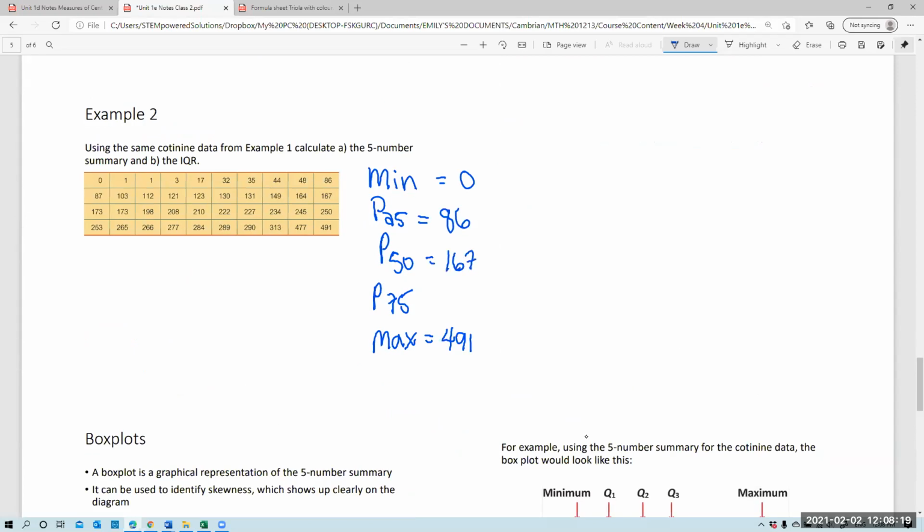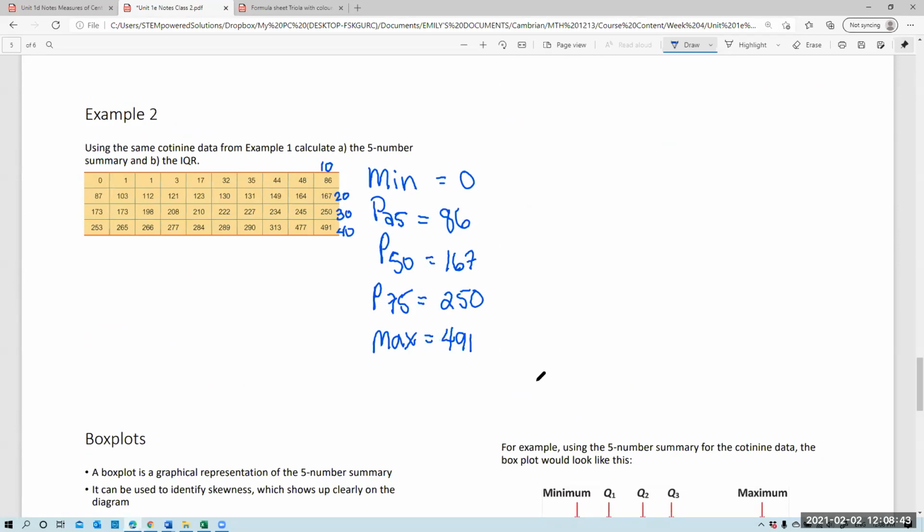The way I'm looking at this is 10, 20, 30, 40. The data that represents the 3/4 point would be 250. So we've calculated the 5-number summary, which is used to generate box plots, and we'll be talking about that in one second.